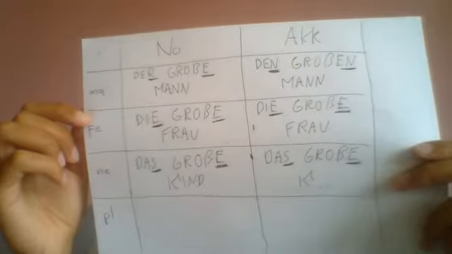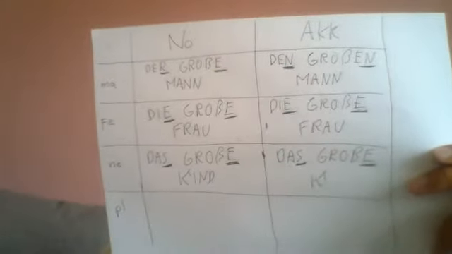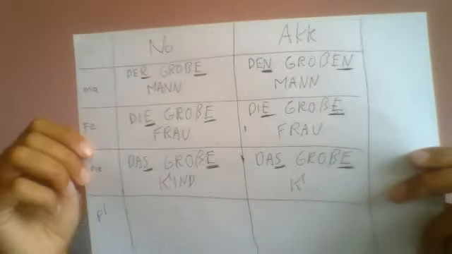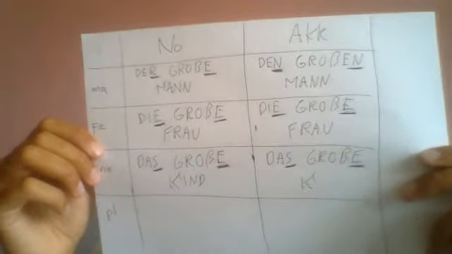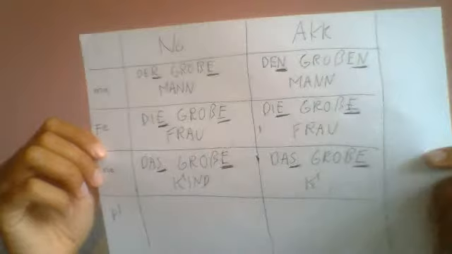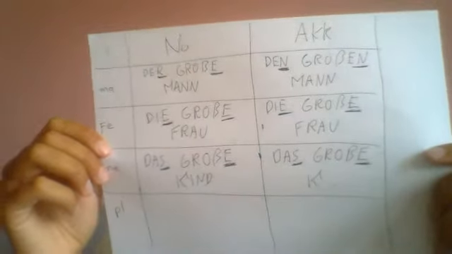En after the adjective, because you can try to memorize it this way because it changed comparing to the nominative. Feminine, the same, die große Frau. Neutral, the same, das große Kind. I didn't write the word Kind to the end. I was too lazy, okay? No problem. And then, for all of the others, you just have n in the end of the adjective.